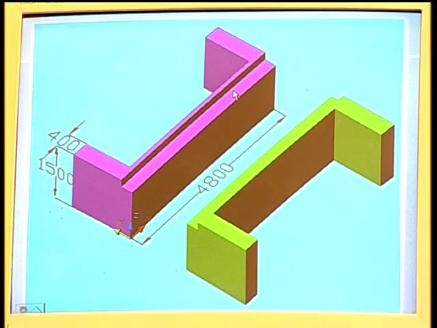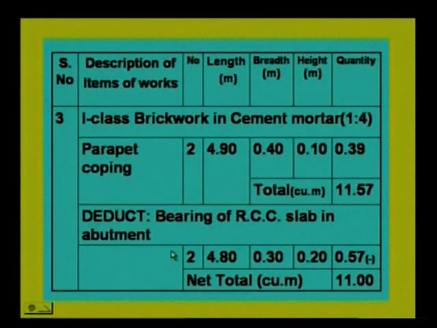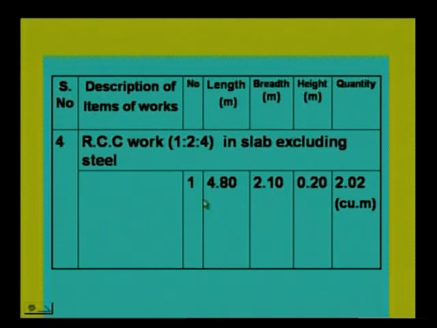So the deduction for bearing of RCC slab in abutments is 2 with 4.8, then 0.3 is the width and thickness is 0.2. So this comes around 0.57. So the total net quantity is 11 cubic meters.